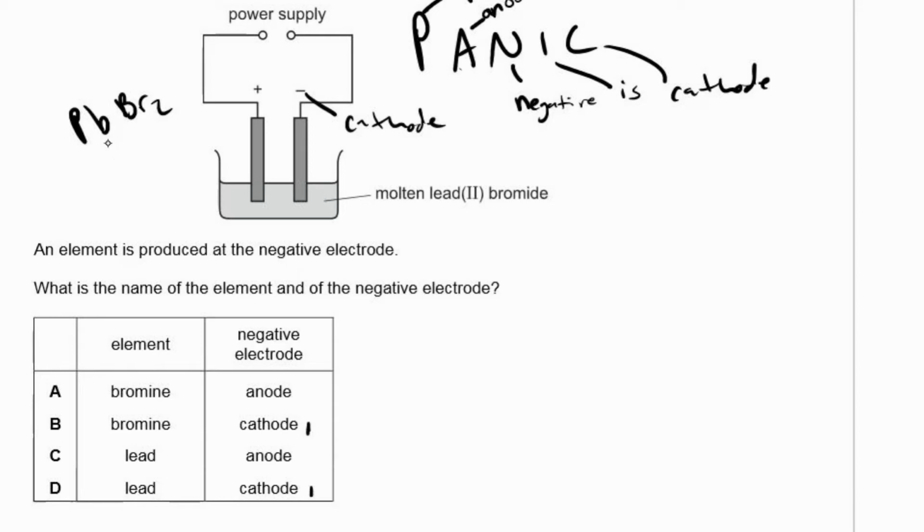So we break that down. That is Pb2 plus, and that's Br minus. Okay, so the pluses go to the minus and the minus goes to the plus. Opposites attract. Okay, so that's lead. That'll be lead. We have the cathode. The answer is D. Good.